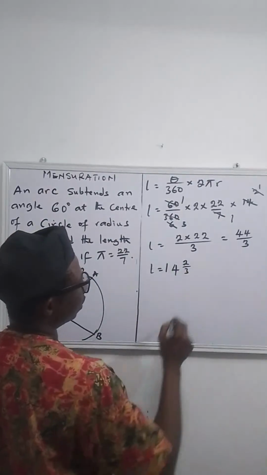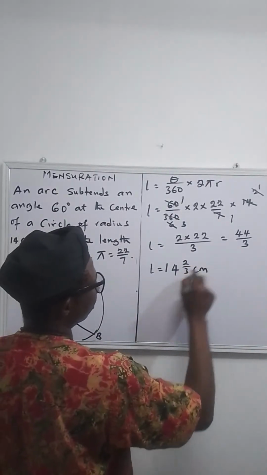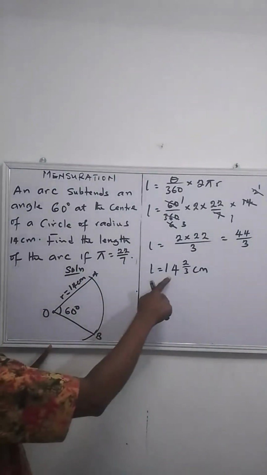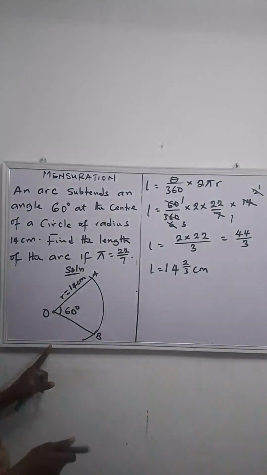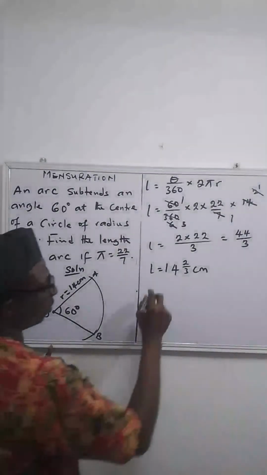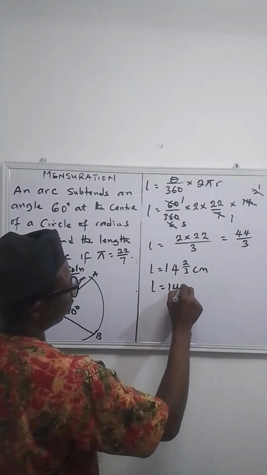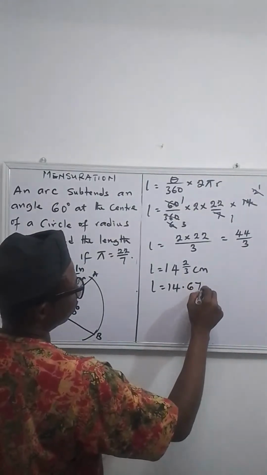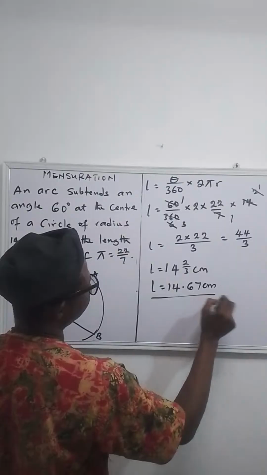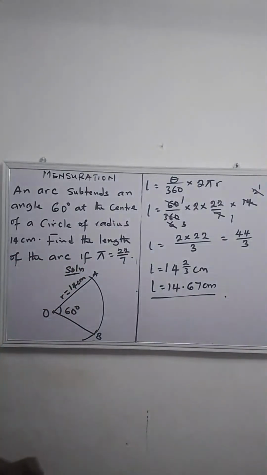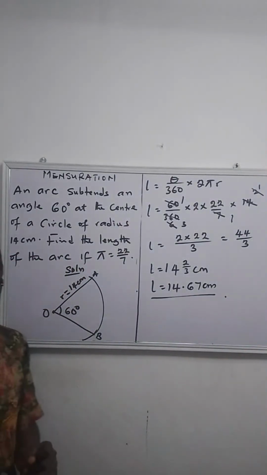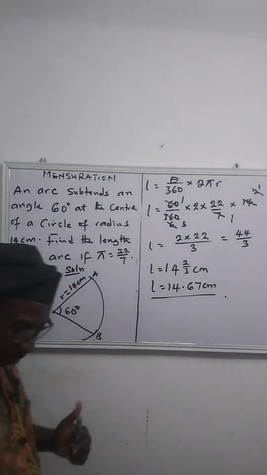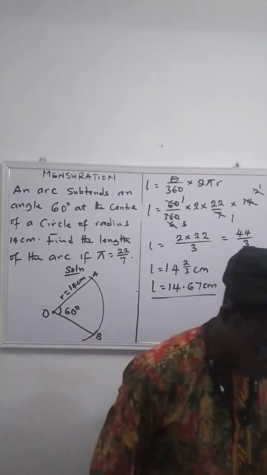So the length of this arc is 14 and 2 over 3, or 14.7 centimeters. Okay, so that's what we have. I hope you all understand that. It's as simple as what we have here. So now, can we move down to another one?